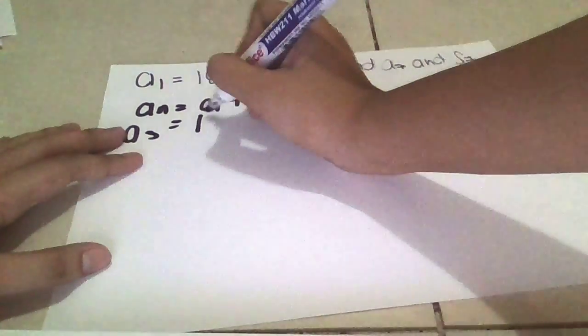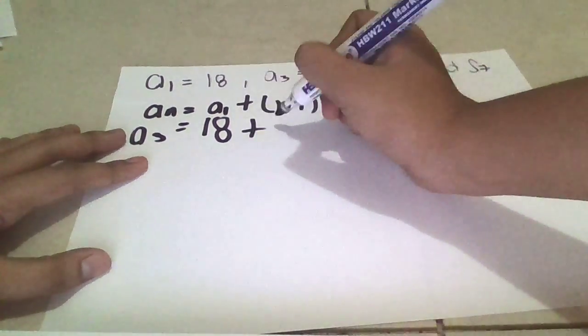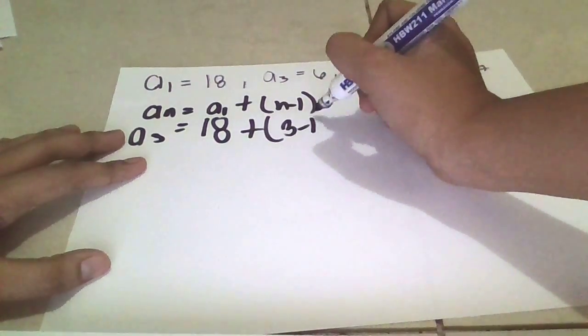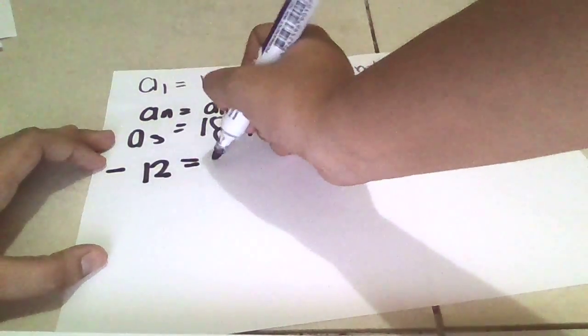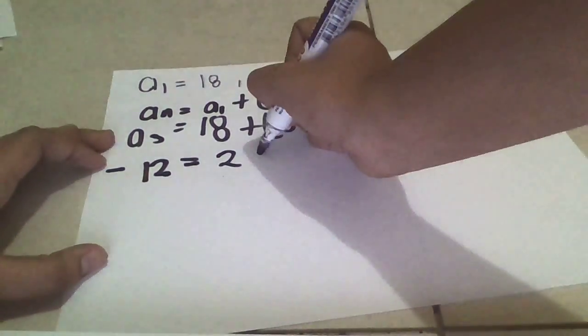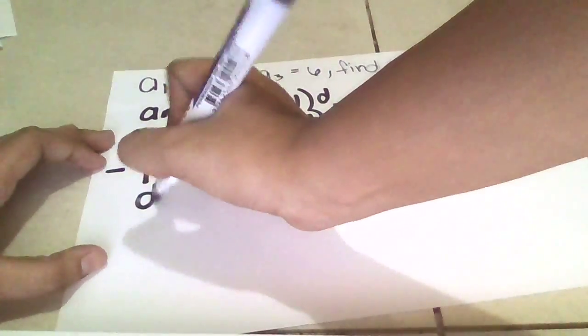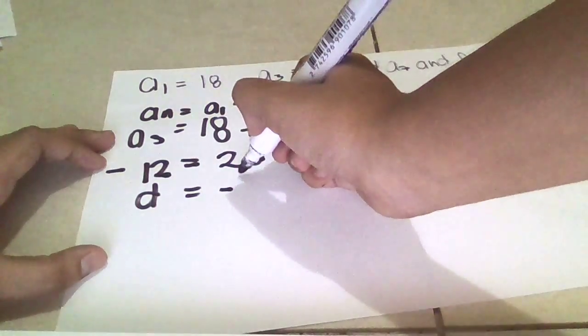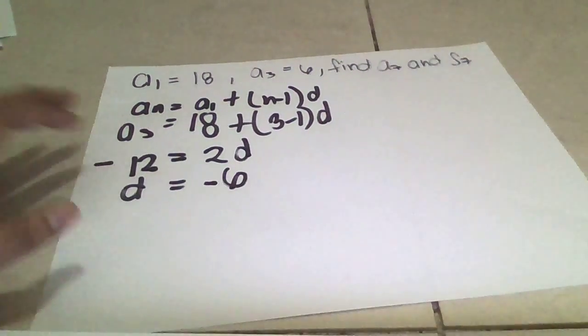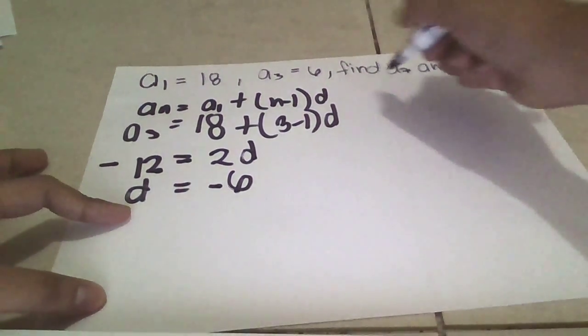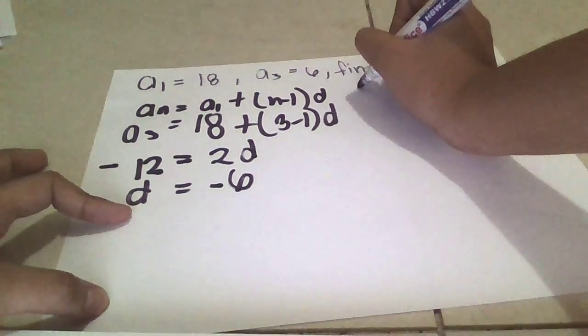So your a sub 1 is 18 plus 3 minus 1 d. So negative 12 is equal to 2d. So your d is negative 6. Then you're going to use the formula for finding the sum.